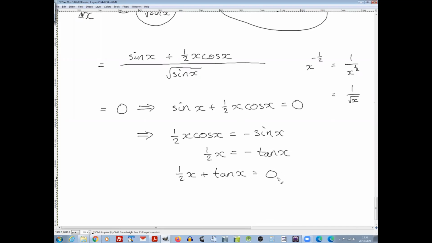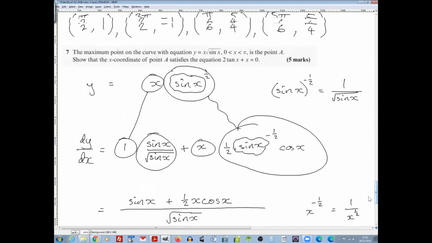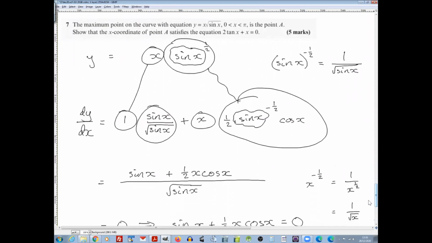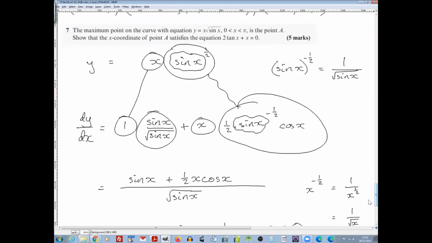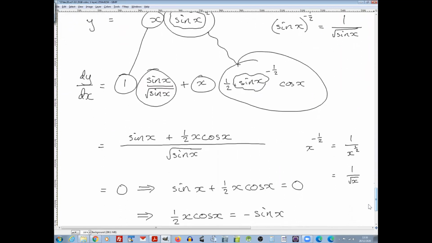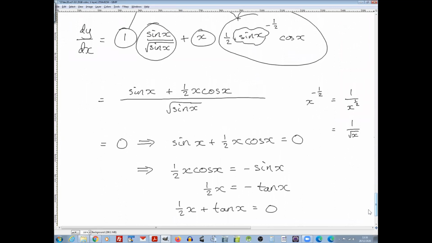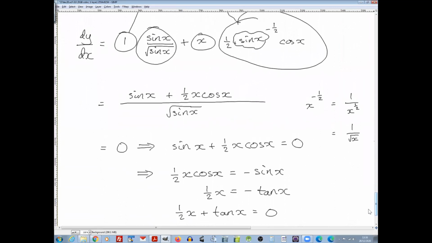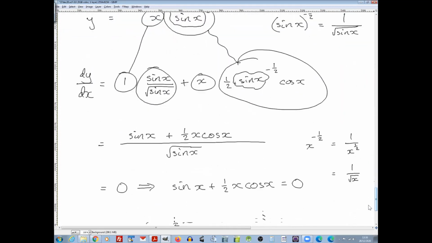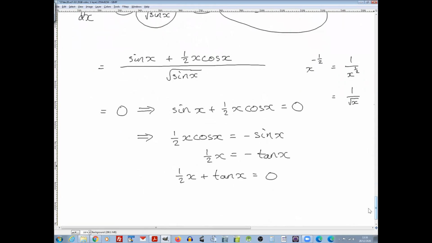But what we're not sure of yet... actually, we don't need to do the second derivative, do we? That's weird. It would be a waste of time because we've already got what we need.